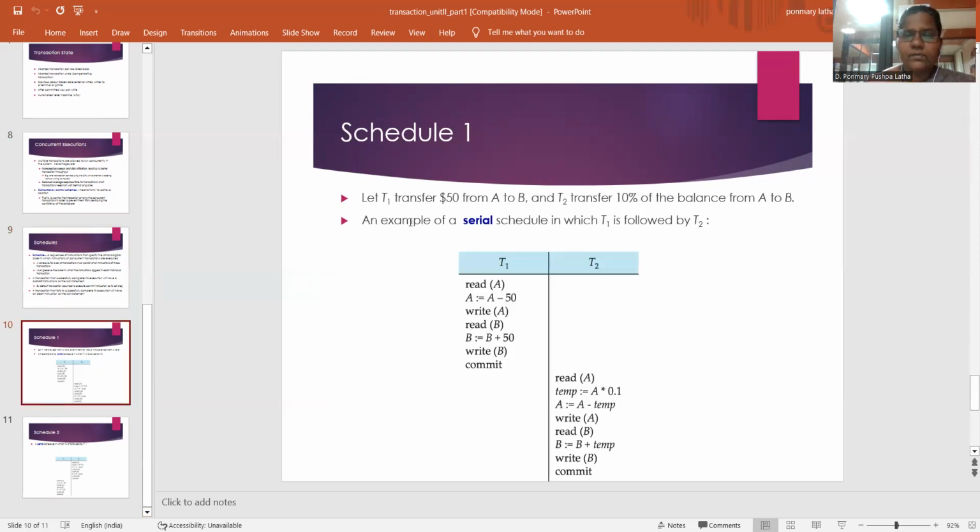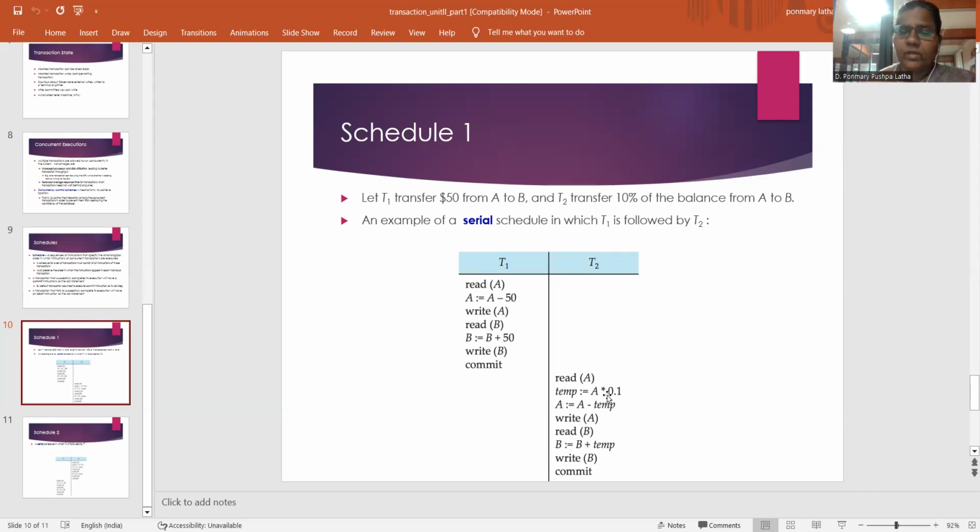Here you see, from A to B, $50 we are going to transfer. That is transaction one we have considered. After transaction one is considered, we are committing that one. Then we are transferring 10% of the balance from A to B. So only after the first transaction is over do we start the second transaction. In the second transaction, we are reading A and calculating the 10%.